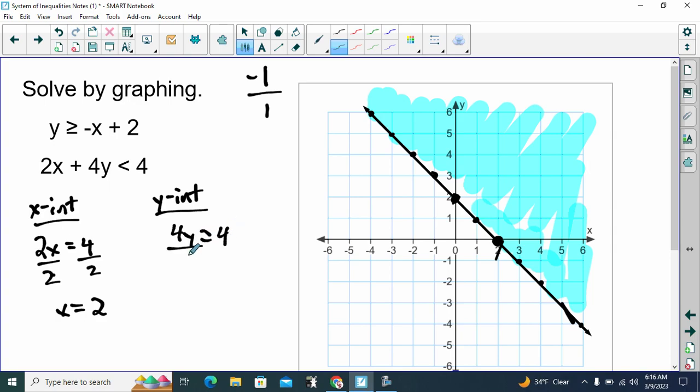Solve for y. I get y equals 1. So x equals 2, y equals 1 are my 2 points. I go down 1 over 2, down 1 over 2, down 1 over 2, and continue by going up 1, left 2. This line should be dashed.